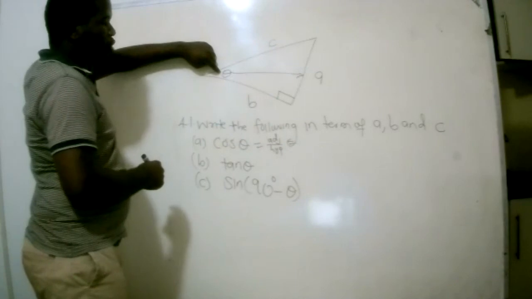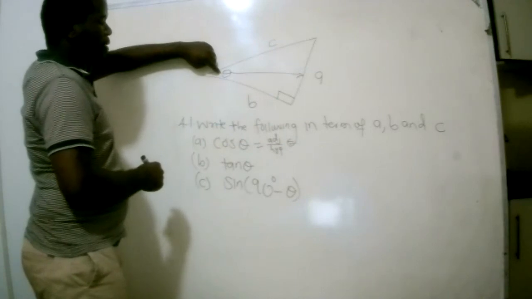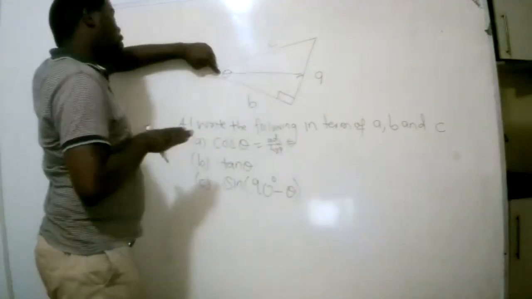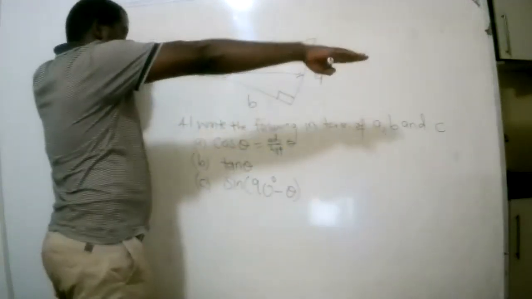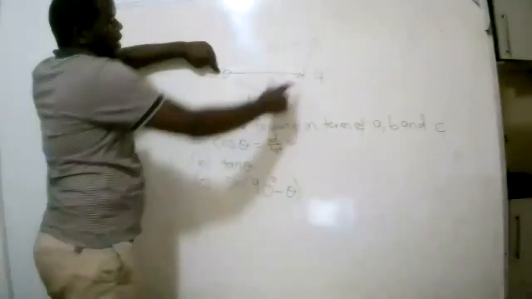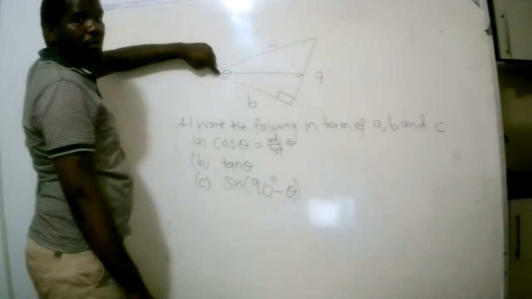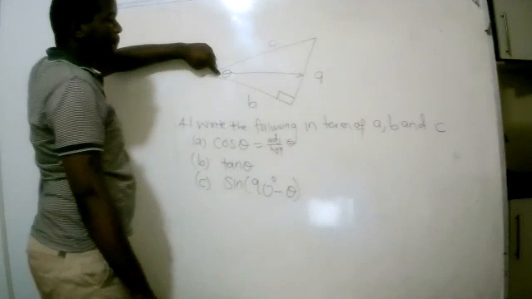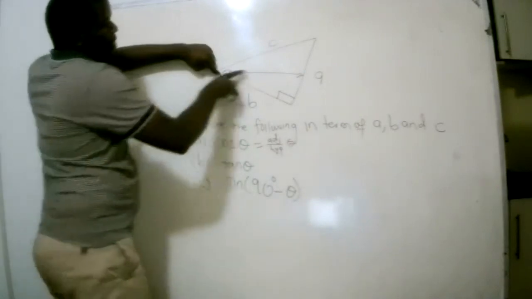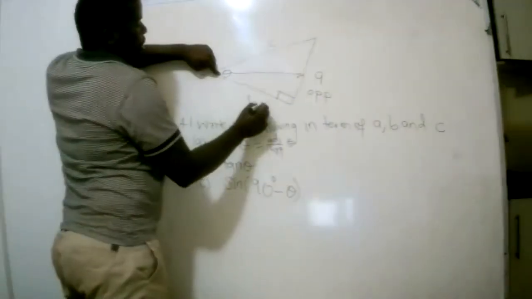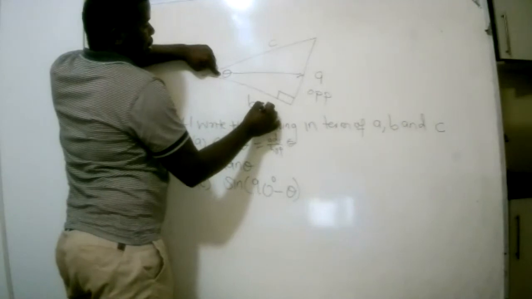Adjacent means it's below theta. Opposite means it's the opposite side to theta. Is A opposite or adjacent to theta? In this case, A is opposite to theta, and B is adjacent.